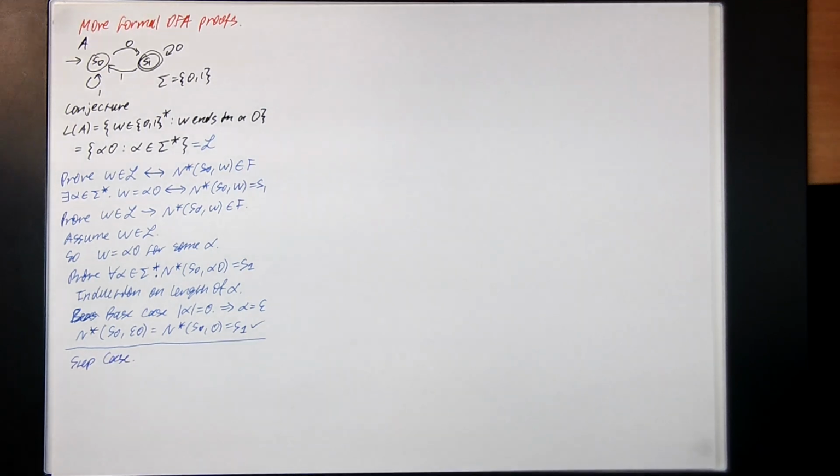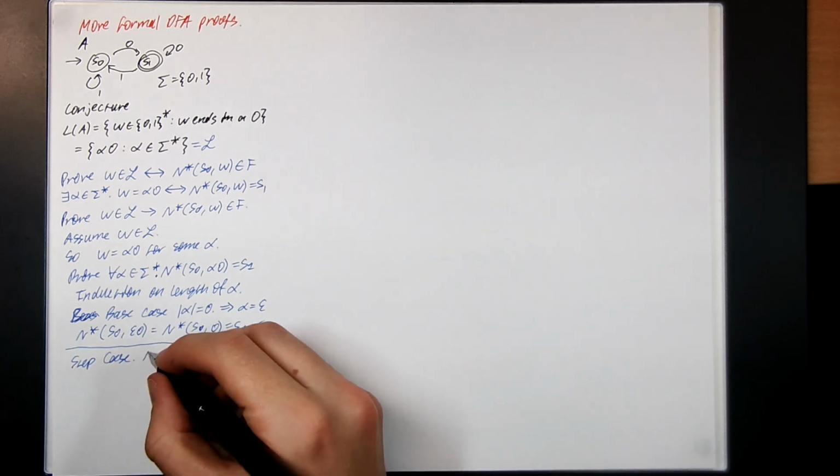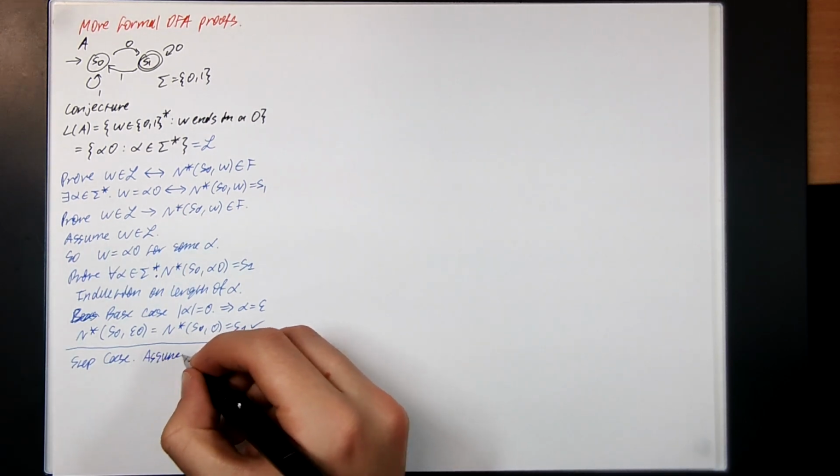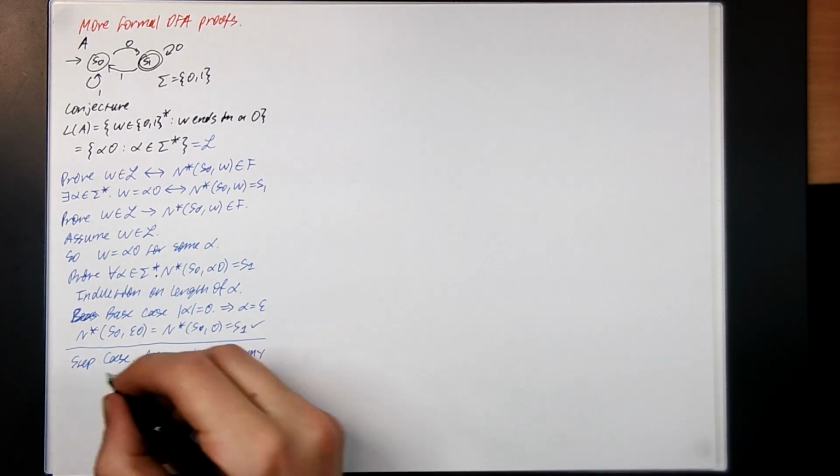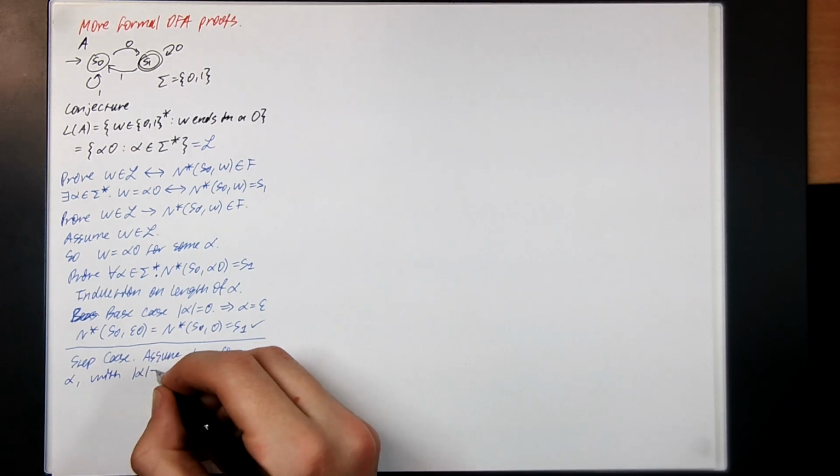Step case. We're going to assume the property to be true for all strings of length n. So assume true for any string alpha with the length of alpha being equal to n.